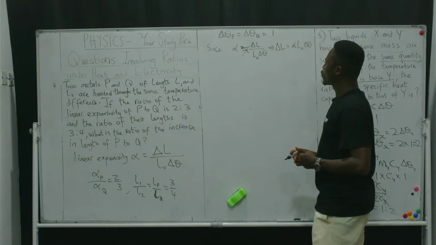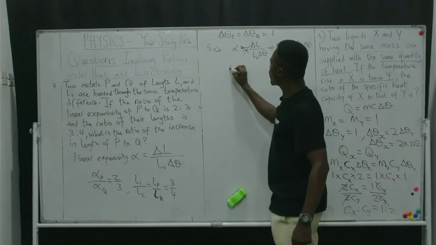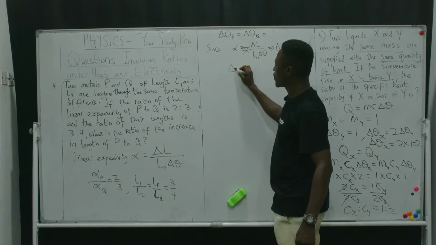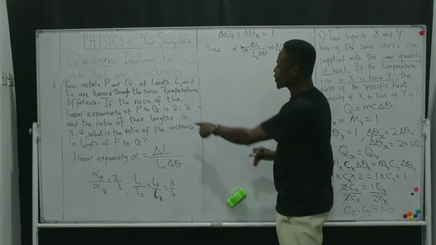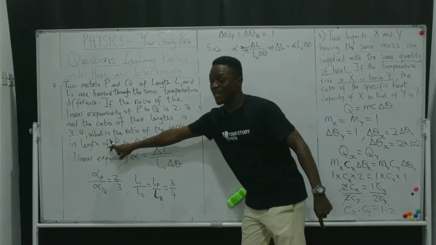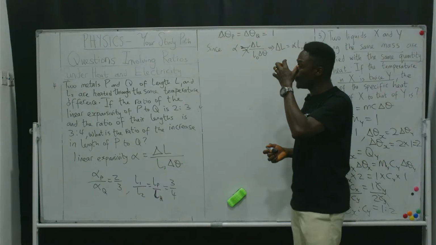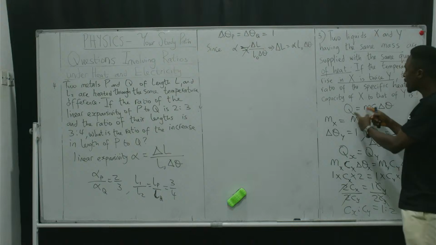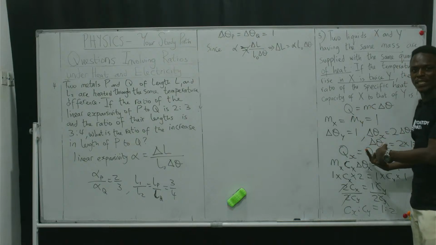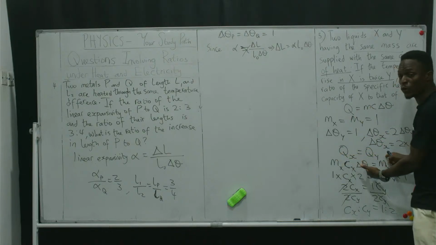What are we making reference to? We want to consider the change in length. Remember, it is about the ratio of the increase in length of P to that of Q, not the difference. In the first question, we are making reference to quantity of each, and we are saying that both of them are equal to each other.